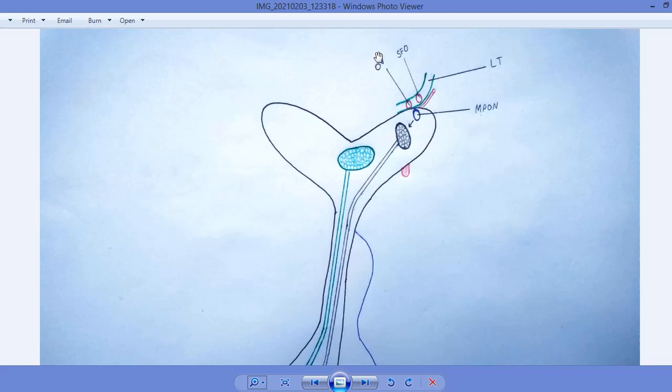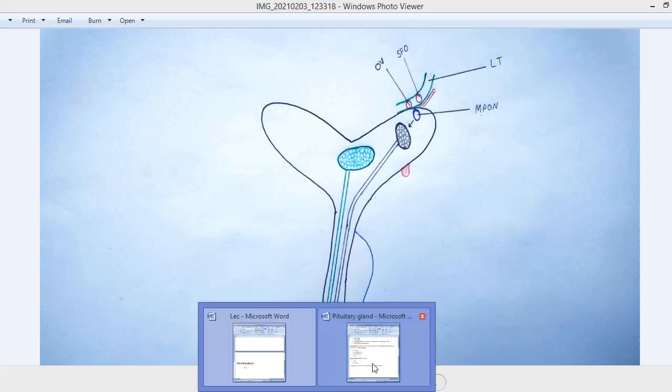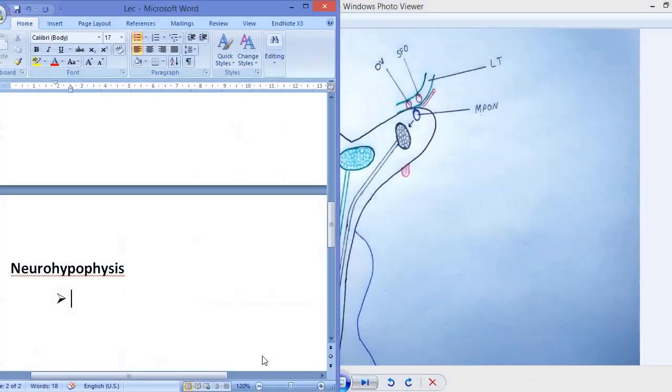is called organum vasculosum, and this collection of cells above the median preoptic nucleus is called subfornical organ. I'm going to write these terminologies, which will help in understanding. LT is for lamina terminalis.